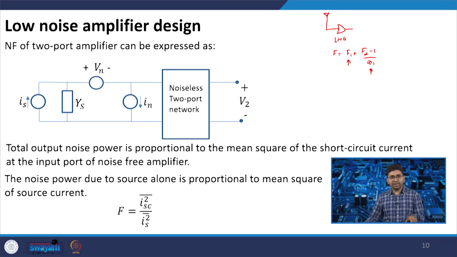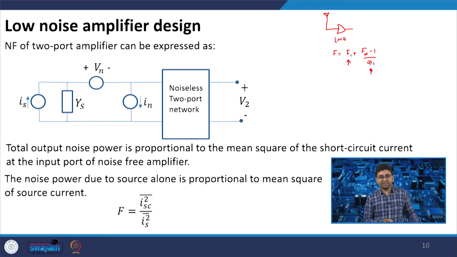So, if we want to design a low noise amplifier, how can we consider it? There is one noise factor equation which is widely used to design a low noise amplifier in microwave circuits, and in RF ICs as well.